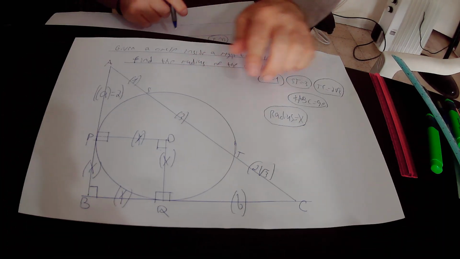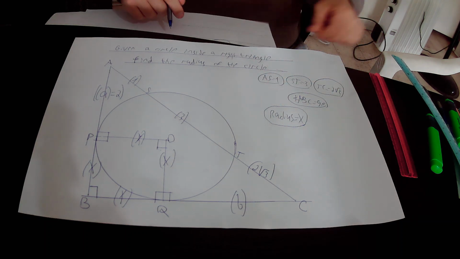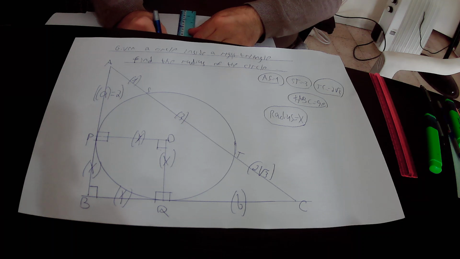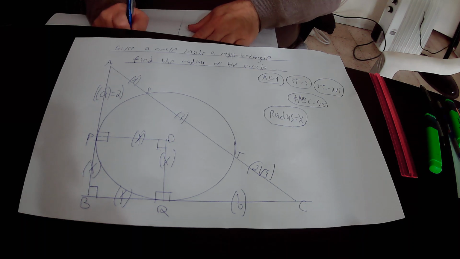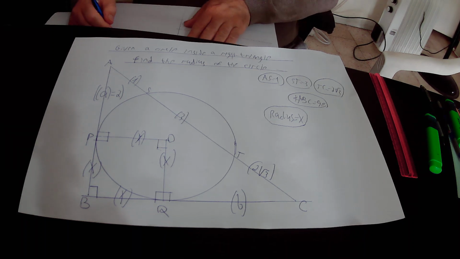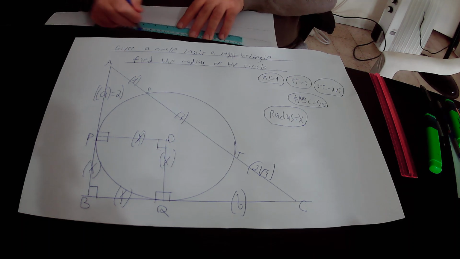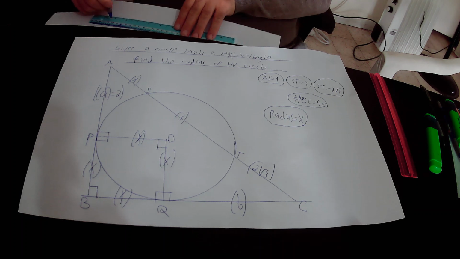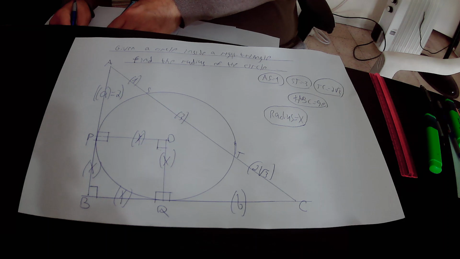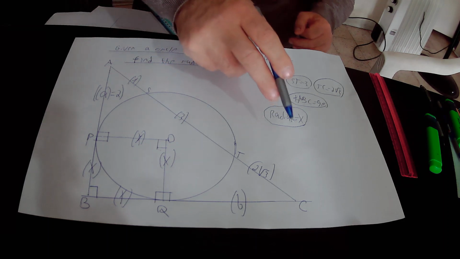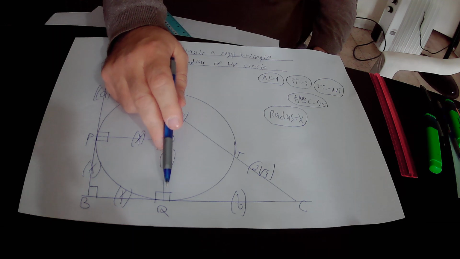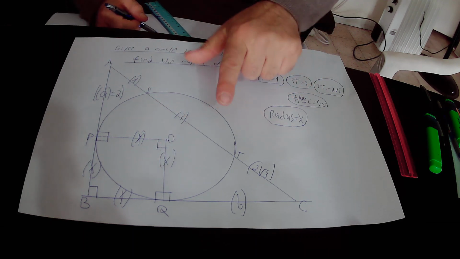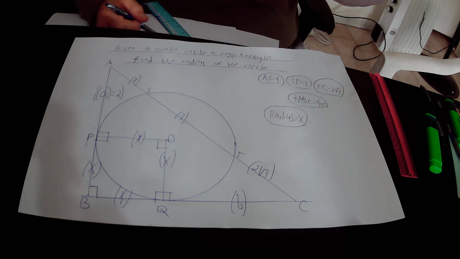Likewise, we implement rule 10 on this common standpoint, point C. From point C, we have tangent CQ that is tangent to this circle at point Q. And we also have the extended chord T touches point C. So all the requirements of rule 10 are satisfied, and therefore we can implement rule 10.